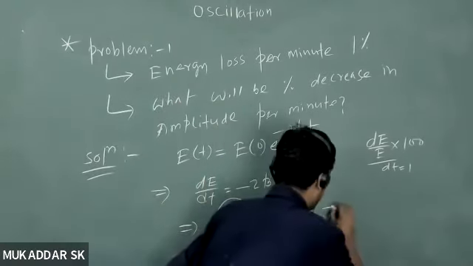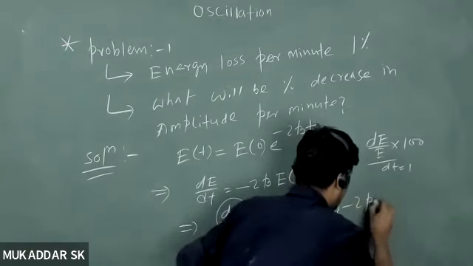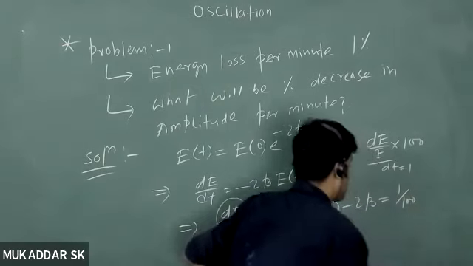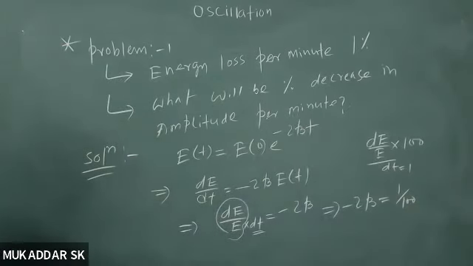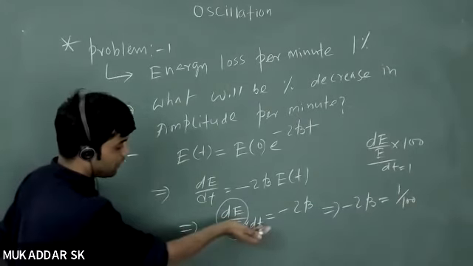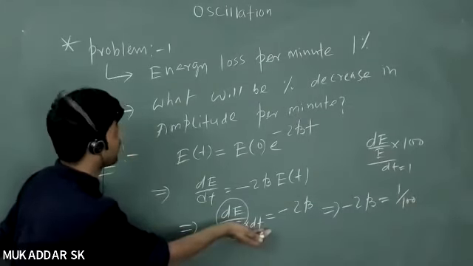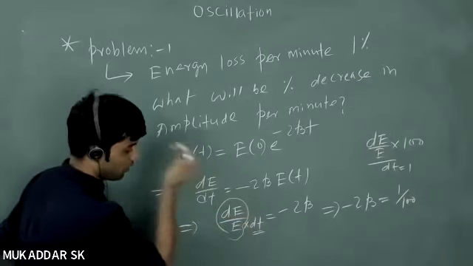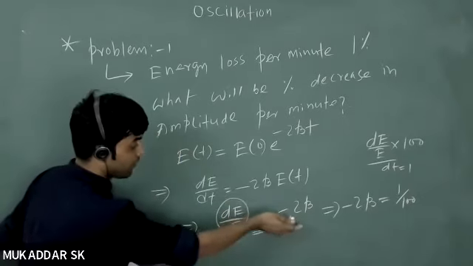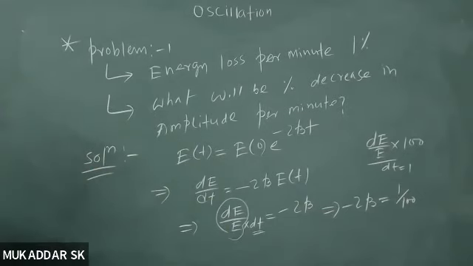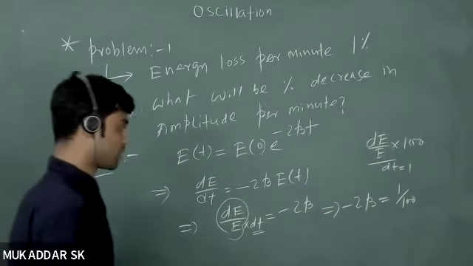So minus 2 beta is 1 by 100, as I have taken dt equals 1 minute.